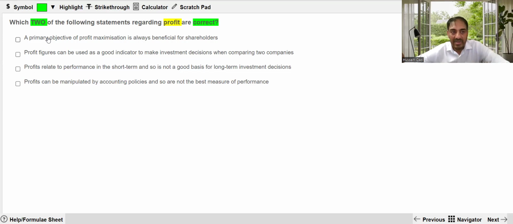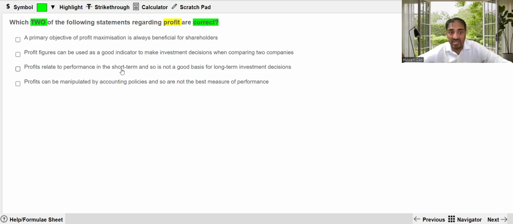Number 1, the primary objective of profit maximization is always beneficial for shareholders. Okay, don't take a final decision yet, whether it is right or wrong. Read all statements. Profit figures can be used as a good indicator to make investment decisions when comparing two companies.